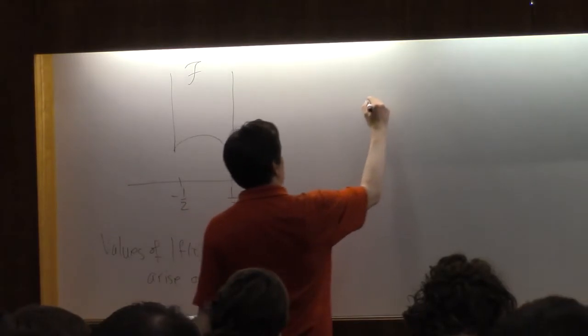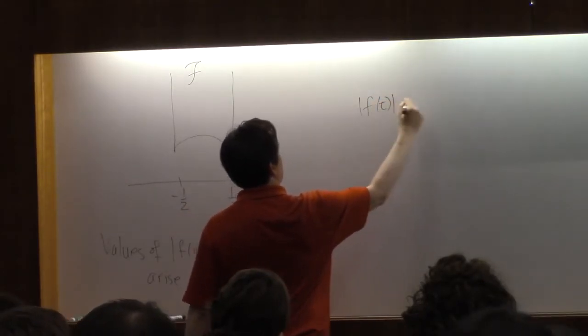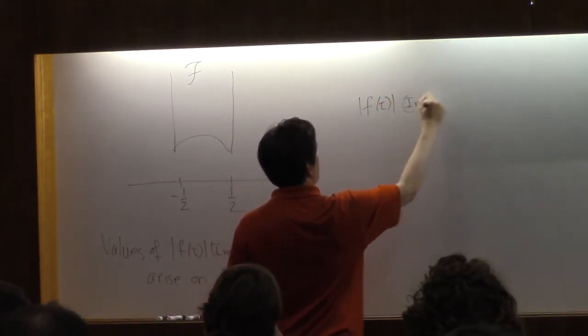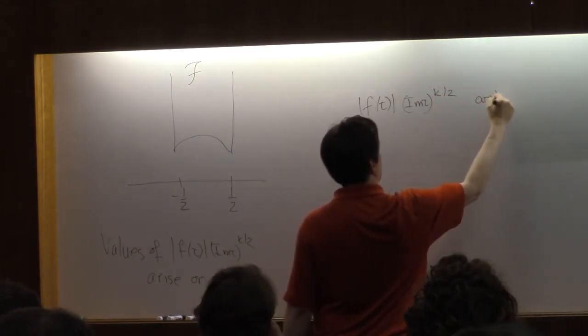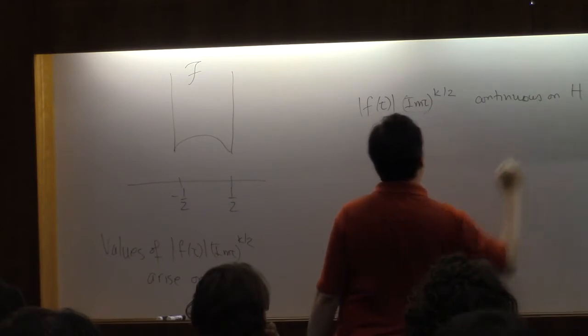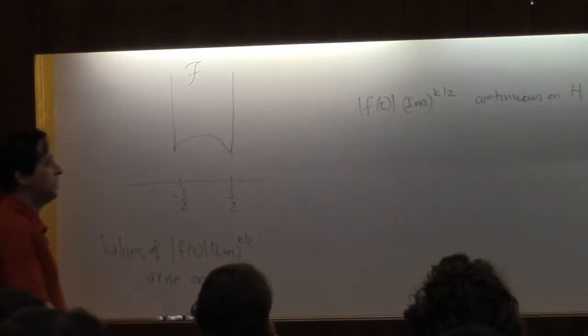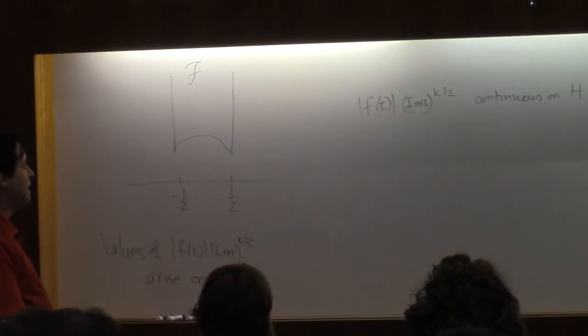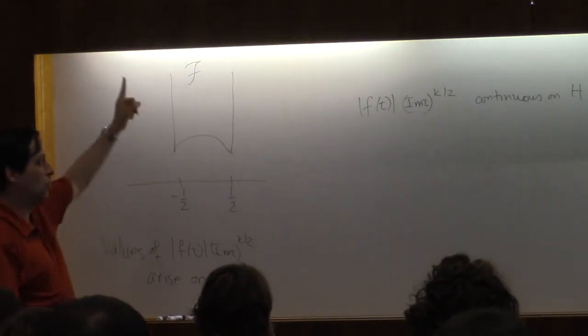So what can I do with this? Well, this expression is not complex analytic, but it is certainly continuous on the upper half plane, let alone the fundamental domain. How does it behave when the imaginary part is large?